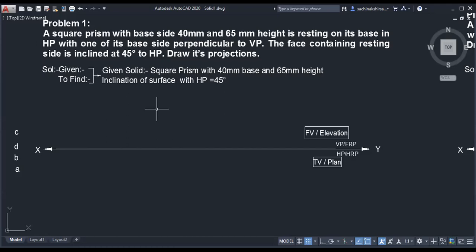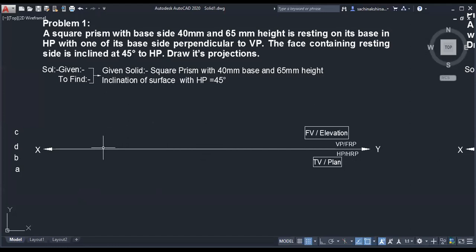But in case of solid, we have to draw towards right. This is the most important change between projection of plane and projection of solid. So you can write in your notebook: resting corner or resting side towards left in case of projection of plane, and towards right in case of projection of solid.